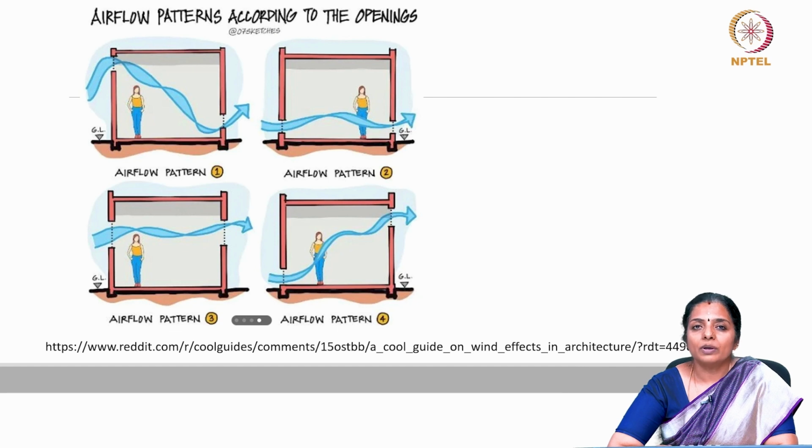We also briefly saw how planning of buildings along wind direction, against wind direction, and use of little structures or vegetation to divert the wind will increase ventilation inside the buildings. And now we will continue from the same.